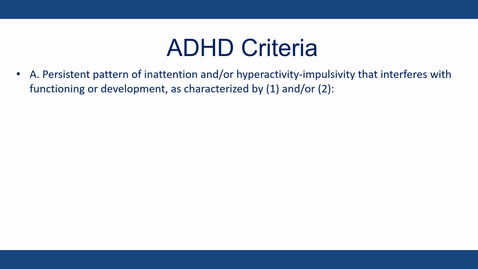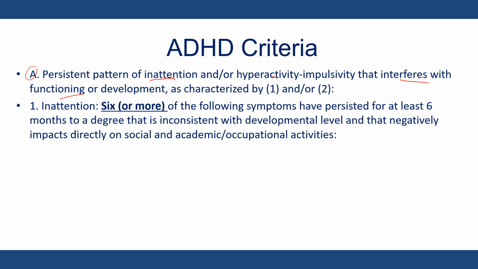All right, so let's talk about the criteria now. According to the DSM, criterion A is a persistent pattern of inattention or hyperactivity-impulsivity. We talked about that. That will interfere with functioning or development. And you have one or two here. Let's talk about these in detail, actually.